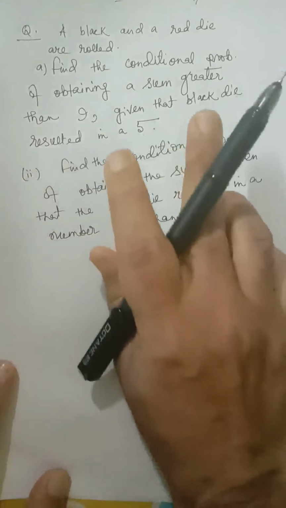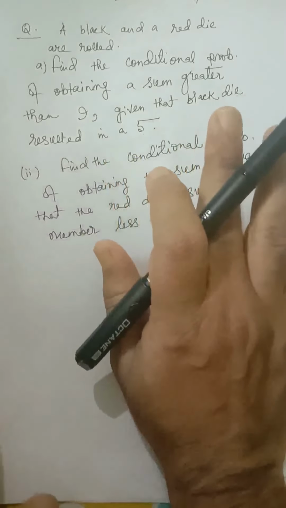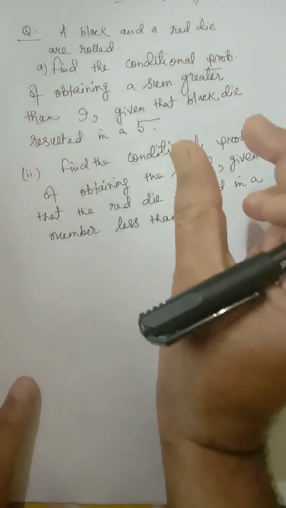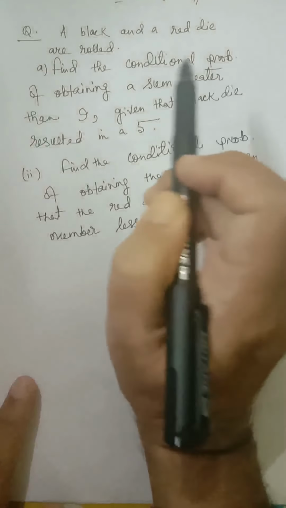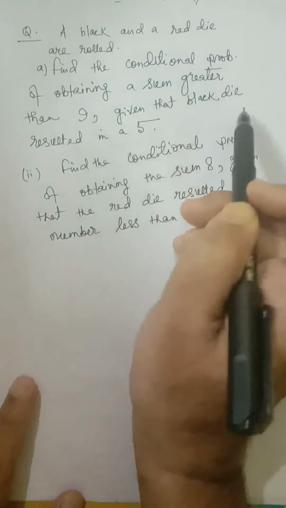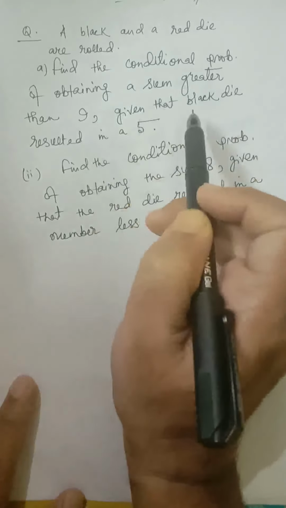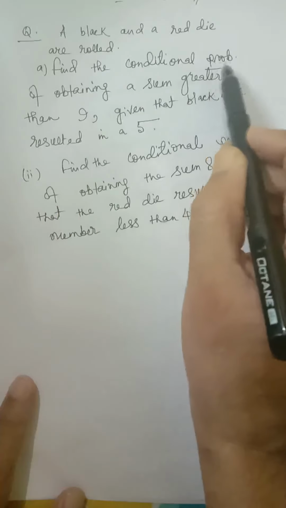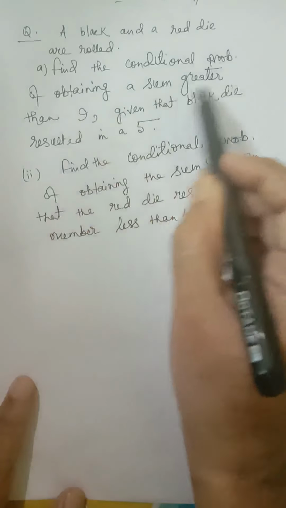In this type of word problem of conditional probability, you have to identify these two parts: the event whose probability we have to find and the given condition, the condition which has already happened. Find the conditional probability of obtaining a sum greater than 9.